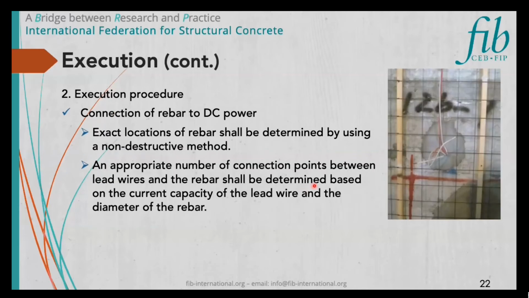The next step is the execution itself. In connecting rebar to DC power, exact locations of rebar shall be determined by using a non-destructive method. An appropriate number of connection points between lead wires and the rebar shall be determined based on the current capacity of the lead wire and the diameter of the rebar.